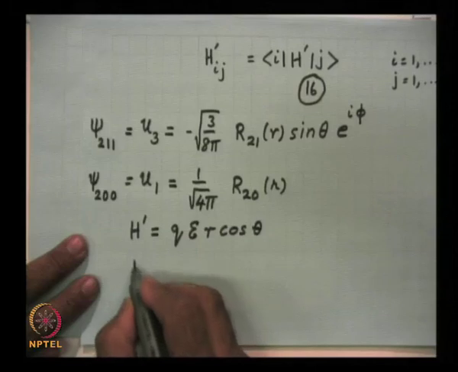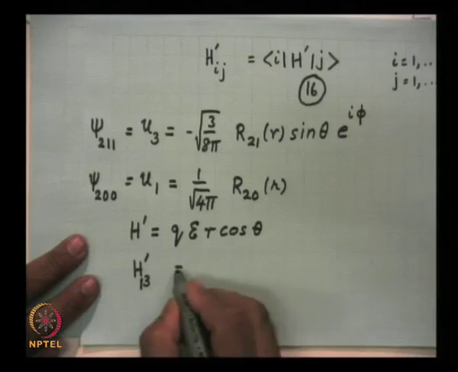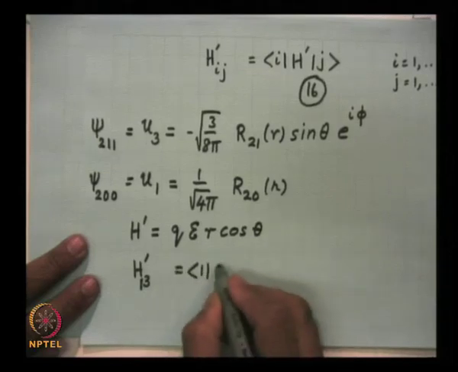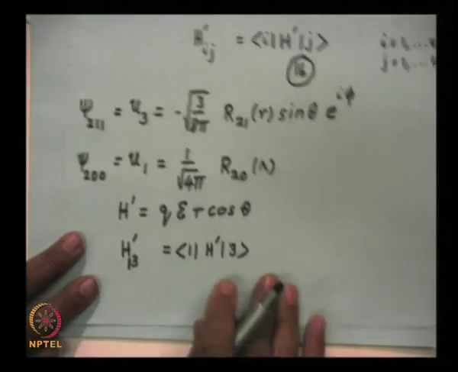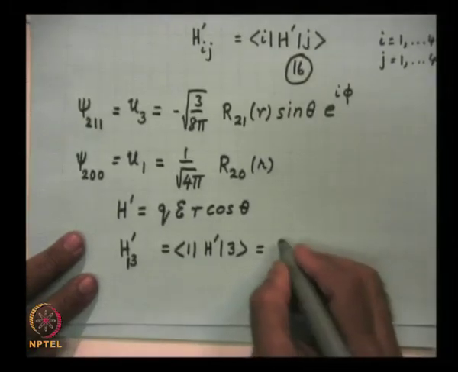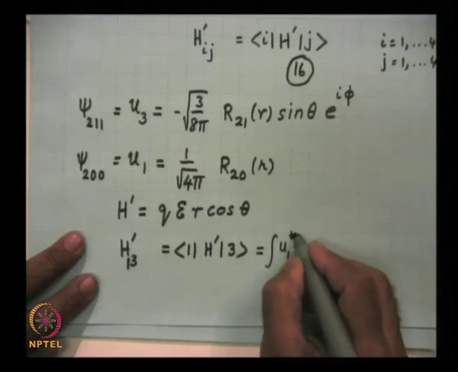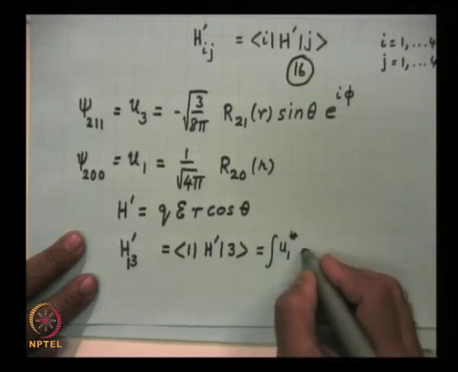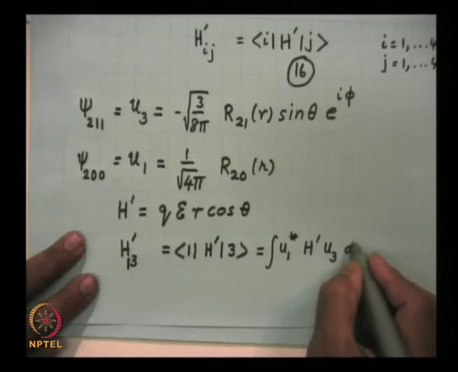So, let me calculate say H prime 3 1 or 1 3, it does not matter. This is a shorthand form for writing the integral of u 1 star H prime u 3 d tau.